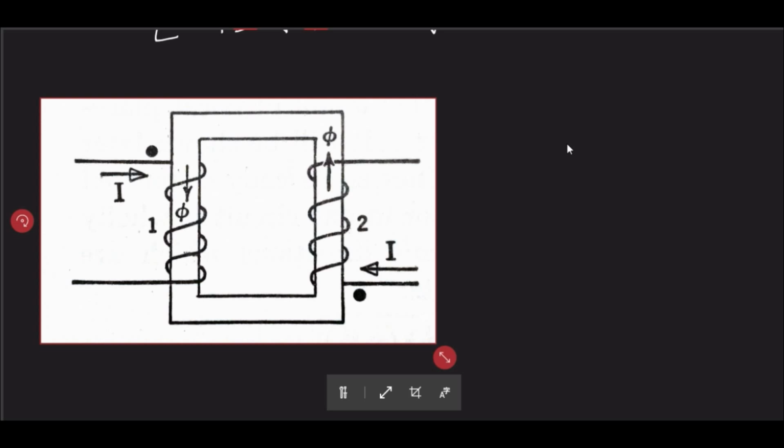Previously I told you in very layman language that at the same instance we mark the current entering terminals, but this is the most formal way to make it understandable.